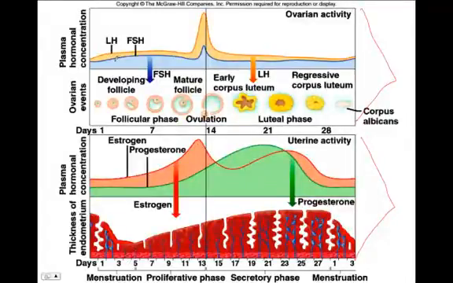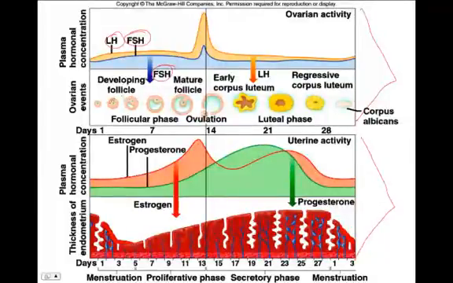you'll see that some of the major events that stimulate the cycle is that the anterior pituitary is going to secrete follicle stimulating hormone and luteinizing hormone. Now, follicle stimulating hormone will travel through the bloodstream and make its way to the ovary, and it's going to stimulate follicle maturation.